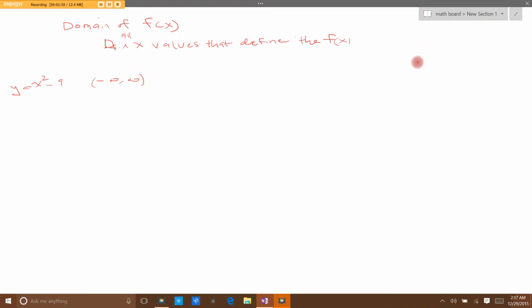Now, what are we talking about when we say undefined? Well, if you have a rational expression, say y equals 1 over x minus 4, it's a different function. The difference here is that we now include a fraction, our rational expression.